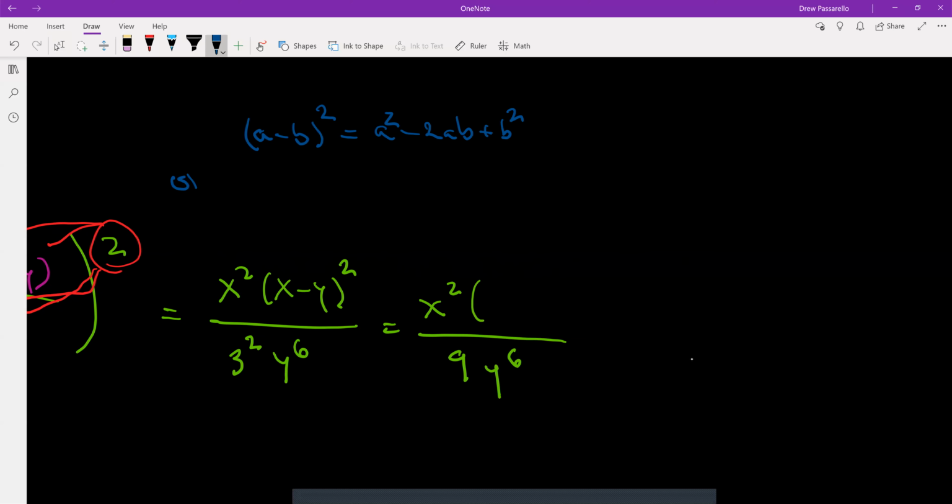Or you can do it as a minus b times a minus b and FOIL it. All right, but using the formula is just quicker.